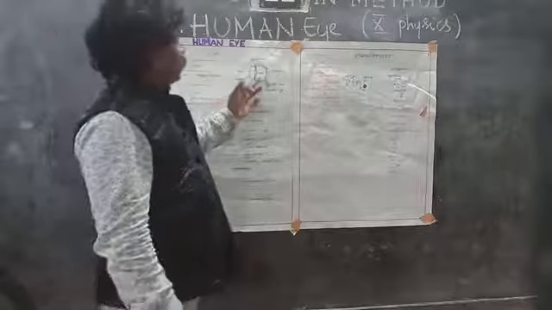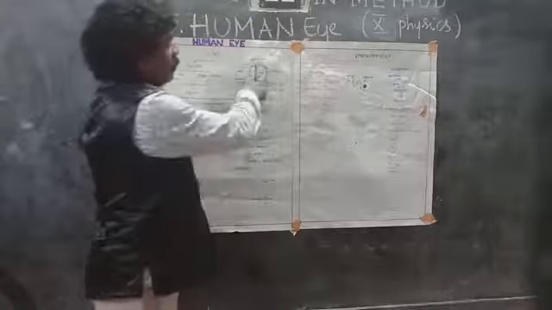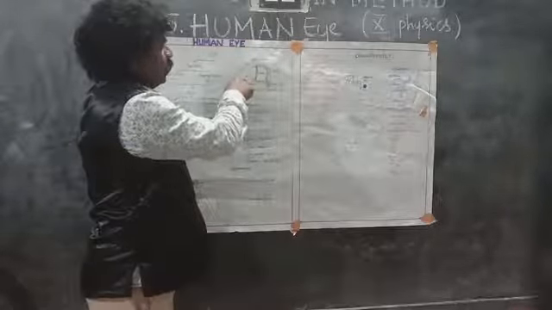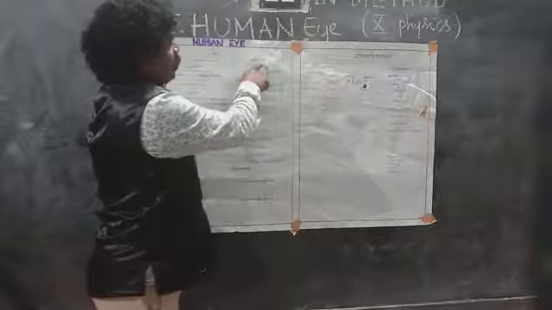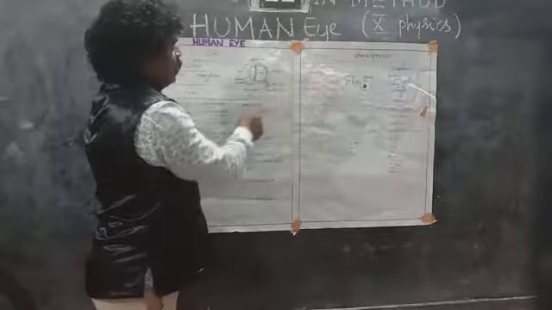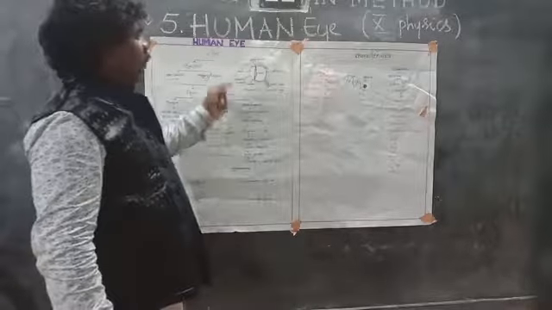Here is the eye structure: the lens adjusting, iris, pupil, ciliary muscles, retina, optic nerve, and cornea. Iris.